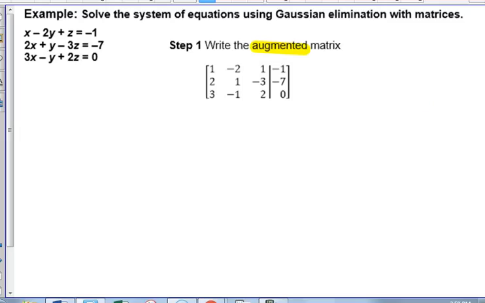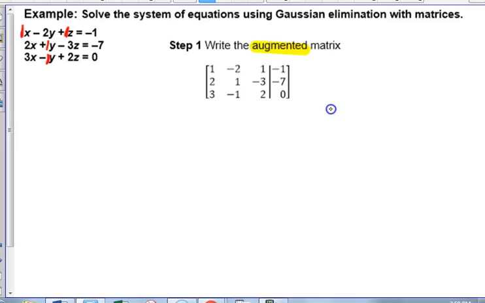So the augmented matrix is when you take all the coefficients, 1, -2, 1, and the answer of -1, and you put it across row 1. 2, 1, -3, and -7 becomes row 2. 3, -1, 2, and 0 becomes row 3.